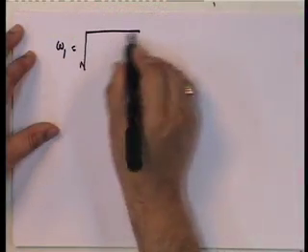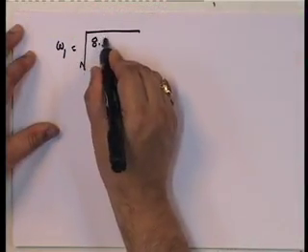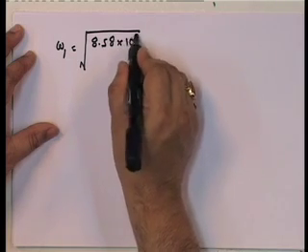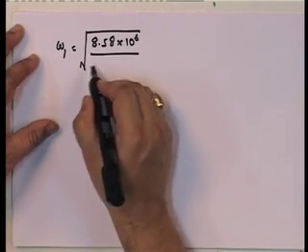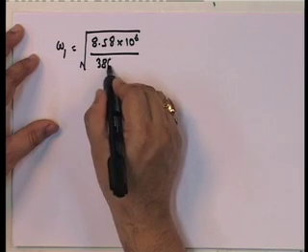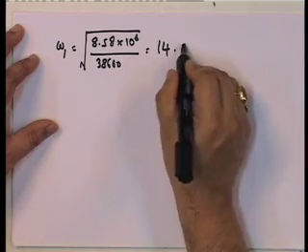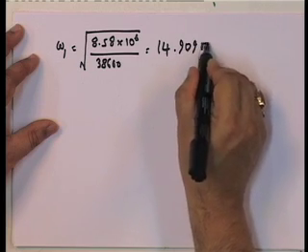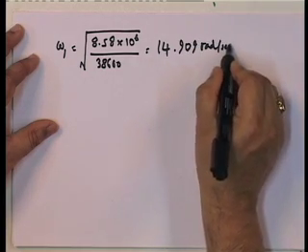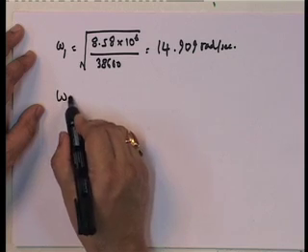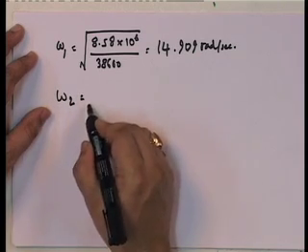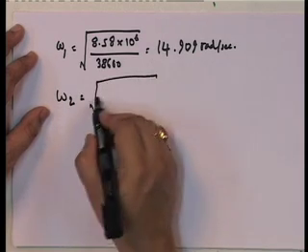Therefore, omega 1 is equal to 8.58 into 10 to the power of 6 divided by 38,600, which is 14.909 radians per second.